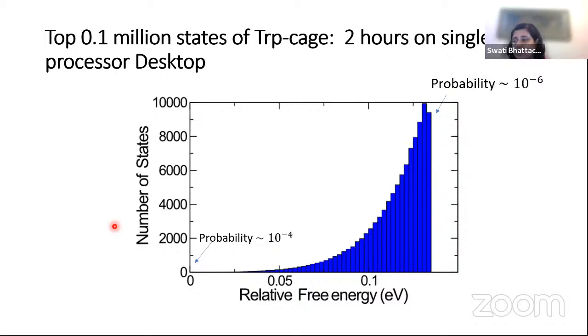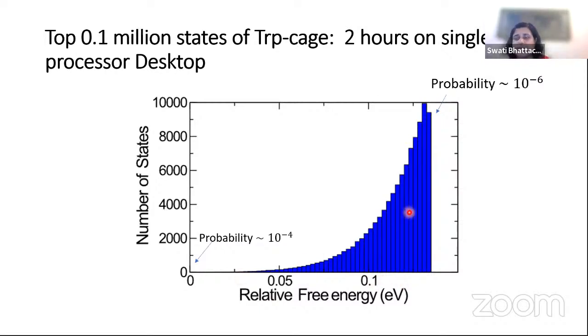Once generated, we can mine these states for other structural information, collapse onto any collective variable of your choice. Here I'm giving you an example. We generated 0.1 million states, 100,000 states, in 2 hours on a single processor, a rather old desktop. What you can see here is the explosion in the number of states as we increase the relative free energy.